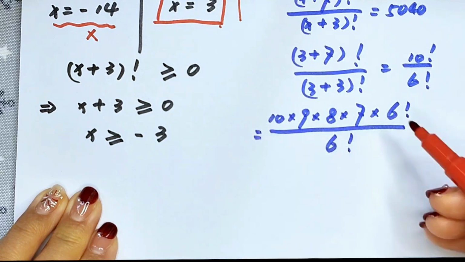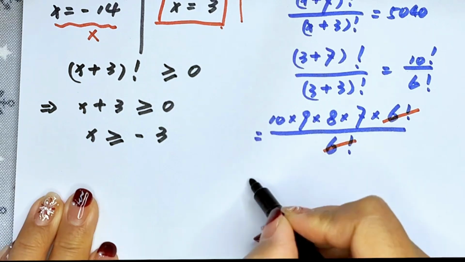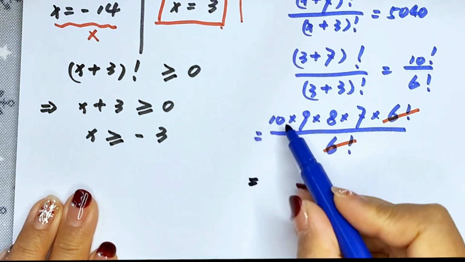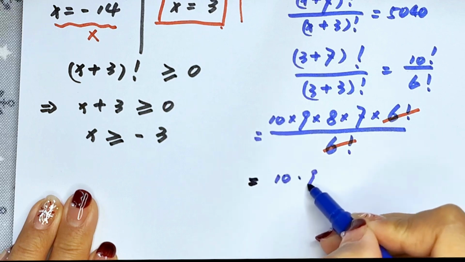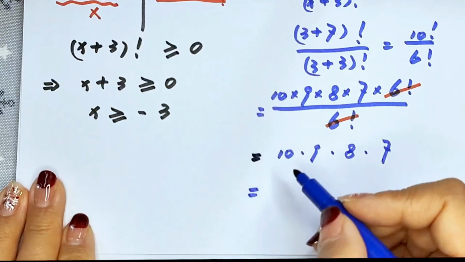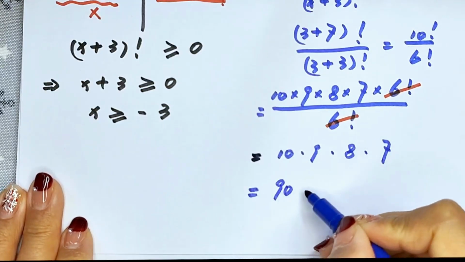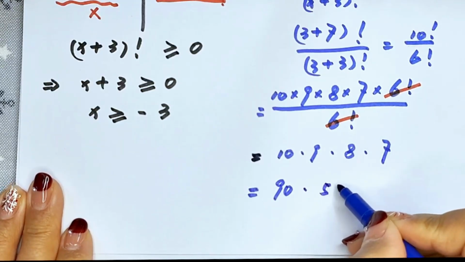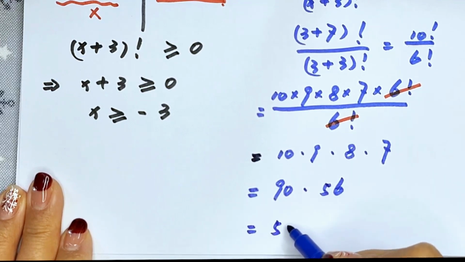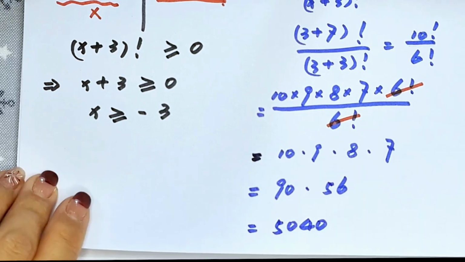We simplify, so it becomes 10 times 9 times 8 times 7 equals 90 times 56 equals 5040.